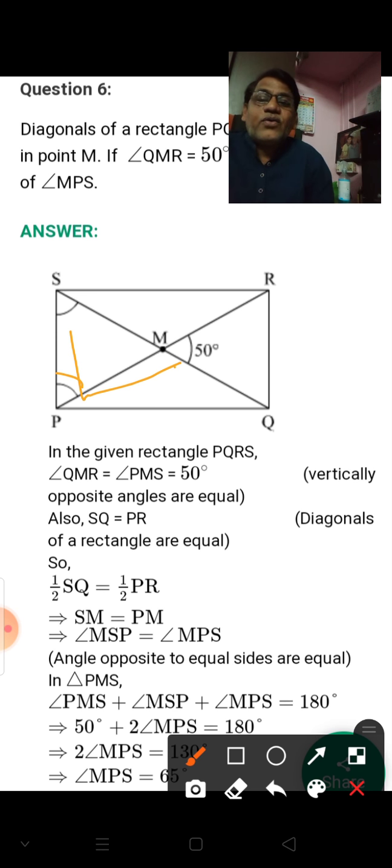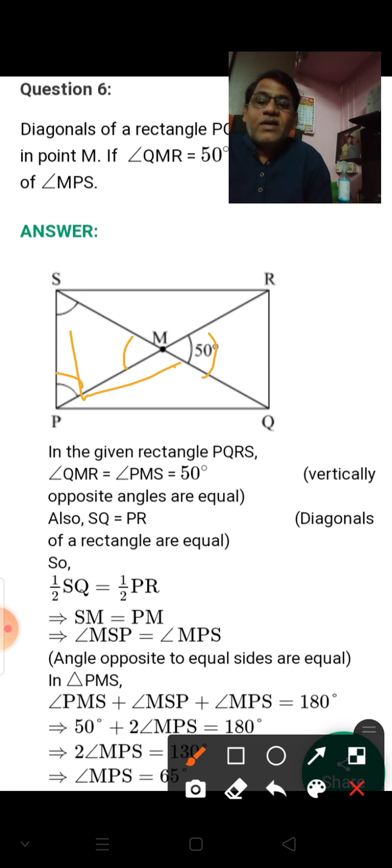Now, how to find this angle? First, we already know that this angle RMQ is 50. So if RMQ is 50, this means SMP is also 50. These are vertically opposite angles. In the given rectangle PQRS, QMR is equal to PMS, which is 50, vertically opposite angles.